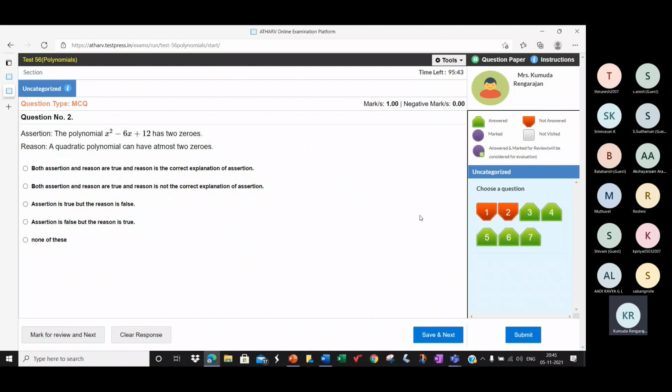How will you check if the given polynomial has zeros? Use what we learned in quadratic equations.